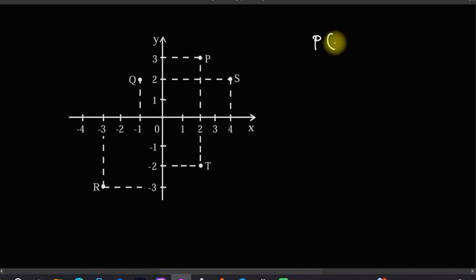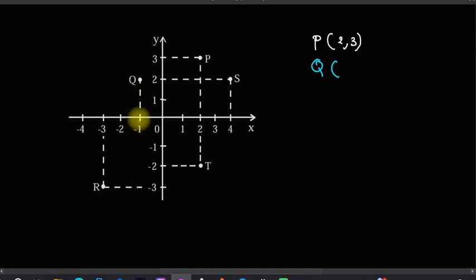So for P, the coordinates, we always start from x. So we trace down from P to the x-axis and we see that it corresponds to 2. So we say 2 comma, and then we trace that point to the y-axis and we see it corresponds to 3. So this is the coordinates for the position or the point P. Now let me do that for Q. So we have point Q. The coordinates are as follows.